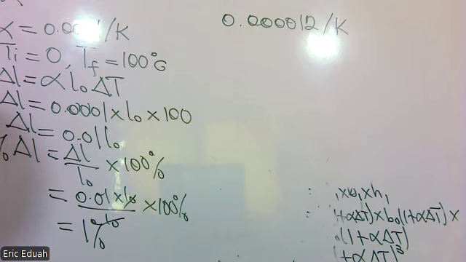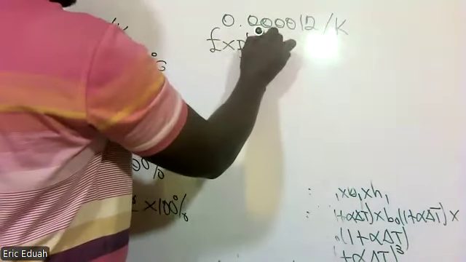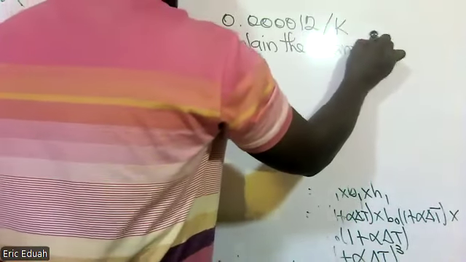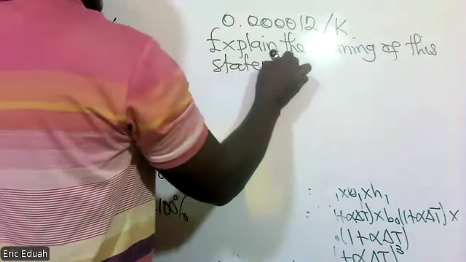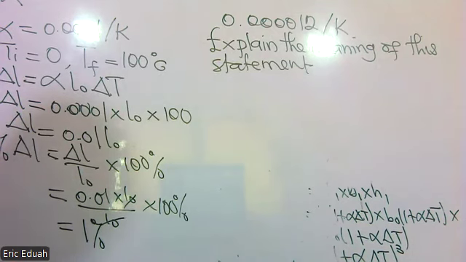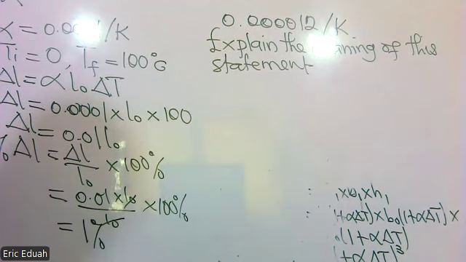Explain the meaning of this statement, that the coefficient of linear expansivity of iron is that. Then calculate the superficial expansion and then the cubical expansion.